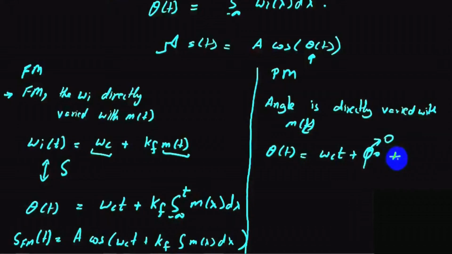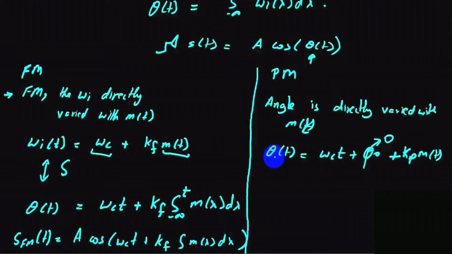But what we're doing is directly changing the phase. We are adding something over here. So this is something which relates to the change in phase, and then we are multiplying it with a constant kp. So the message signal directly changes the phase of the modulated signal.